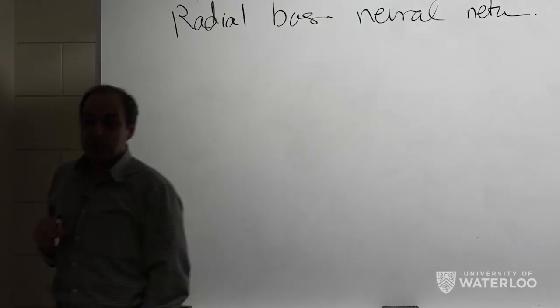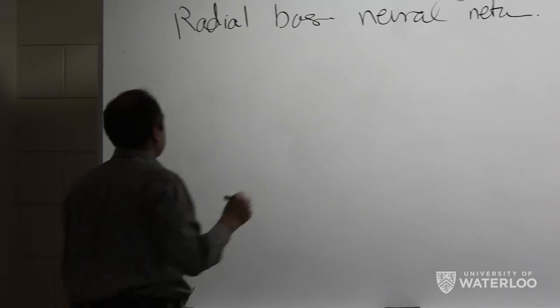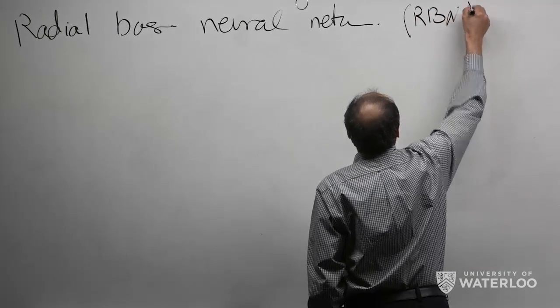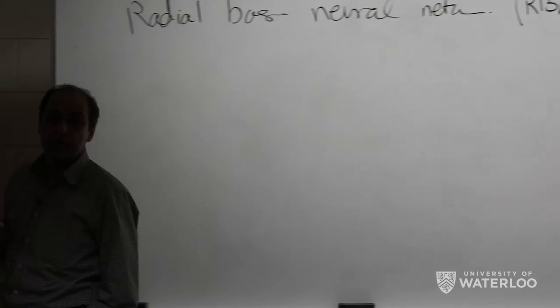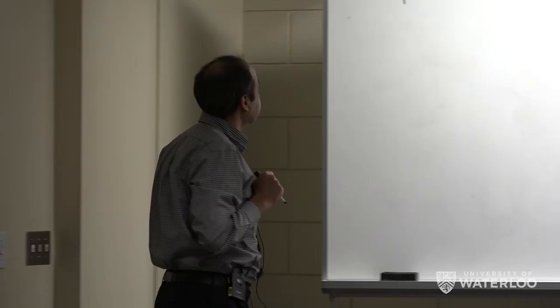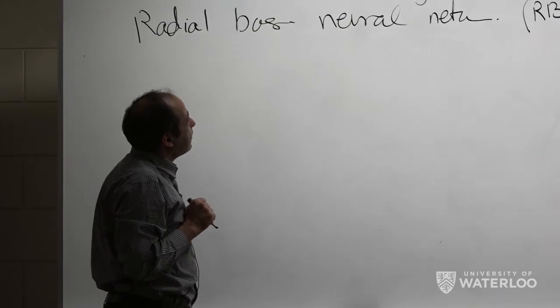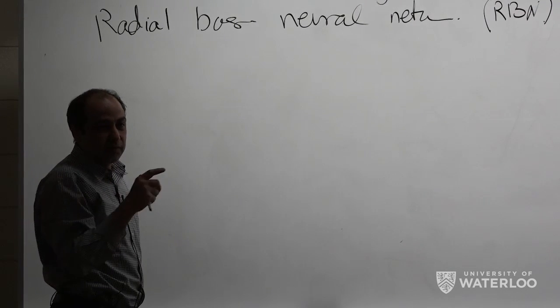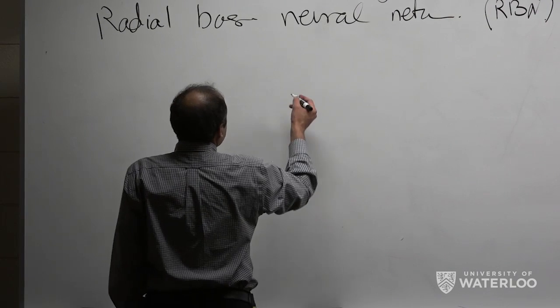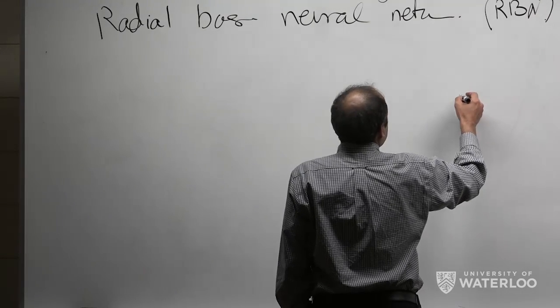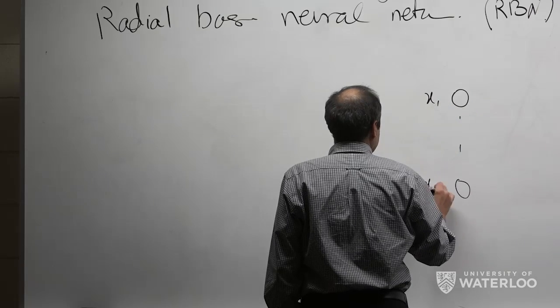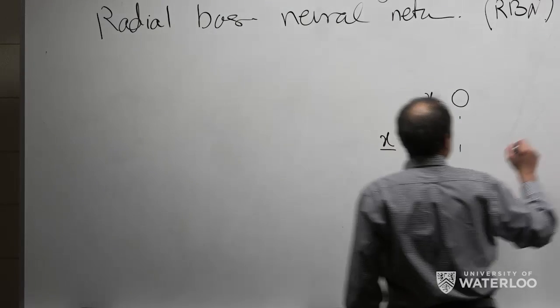Another type of neural network is the radial basis neural network, or RBF network for short. It has a structure different from a feed-forward neural network. As usual, we have d inputs for a vector of d dimension.